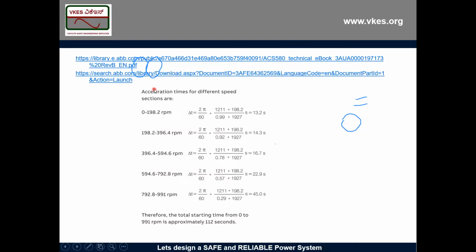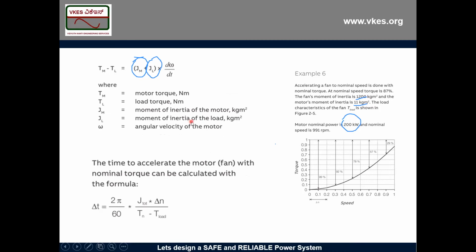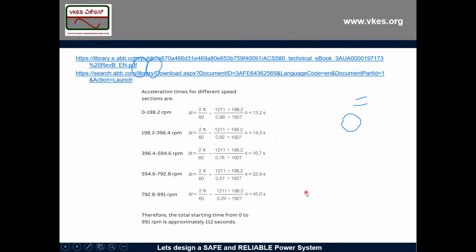now let me go to this equation. Basically, I will divide my speed torque curve into 5 different speeds. The RPM here is actually 991 RPM for this motor.